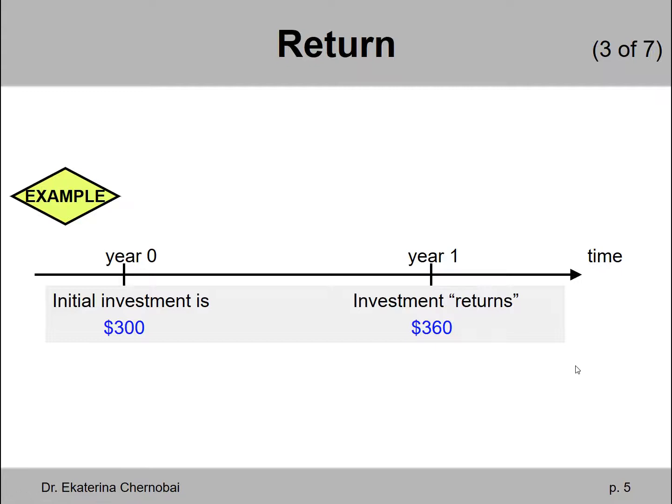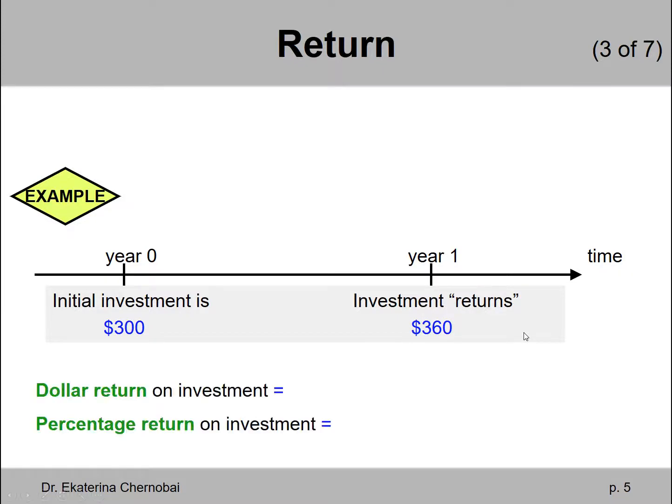The second example, in year 0, the initial investment is $300. In 1 year, this investment returns $360. What's the return on this investment? Well, the dollar return on this investment is 360 minus 300 equals $60.